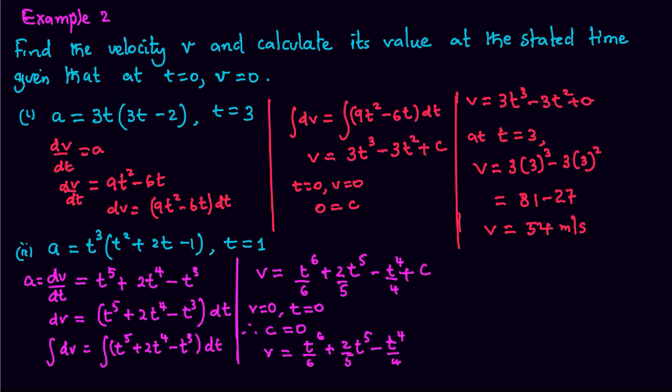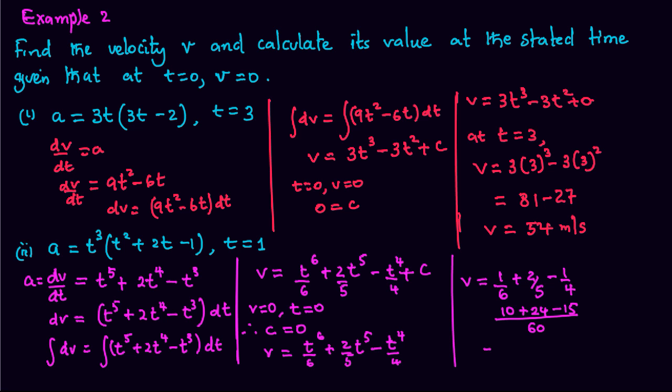Substituting for the value of t equals 1, we get therefore that v is equal to 1 over 6 plus 2 over 5 minus a quarter. Here the LCM will be 60. So this will be 10 plus 24 minus 15.